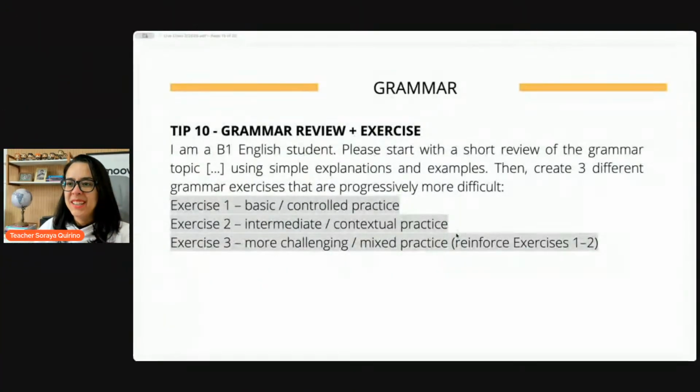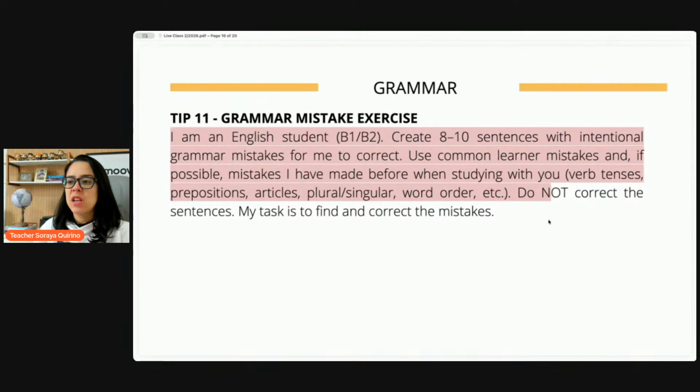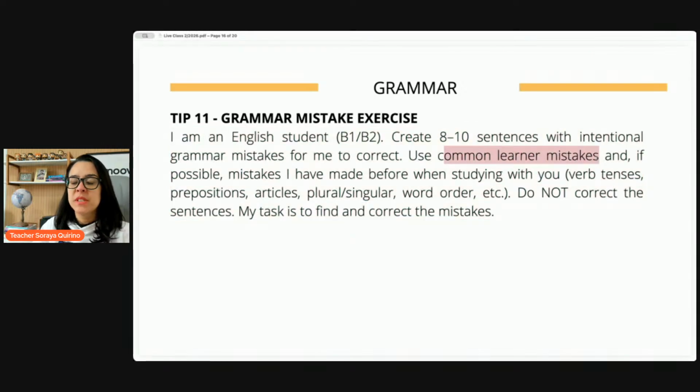And okay. So now, let's continue talking about grammar. Guys, this exercise in here is very important. Why? Because you're going to ask ChatGPT to focus on common learner mistakes and also mistakes that you have made before.